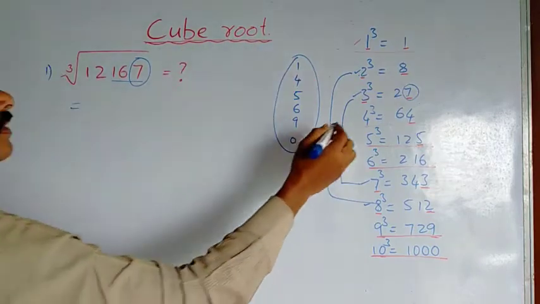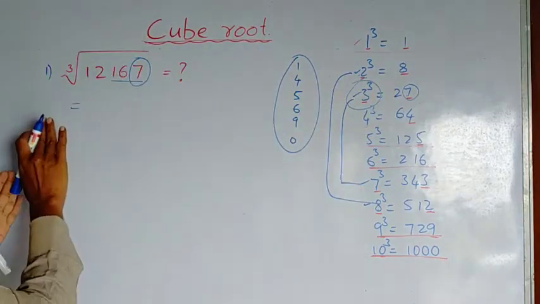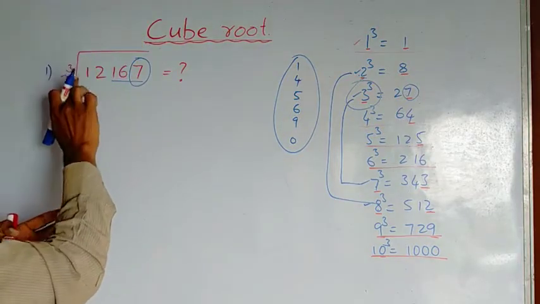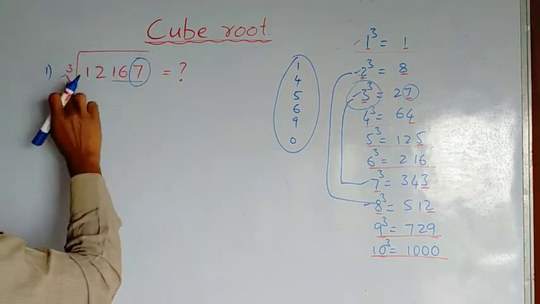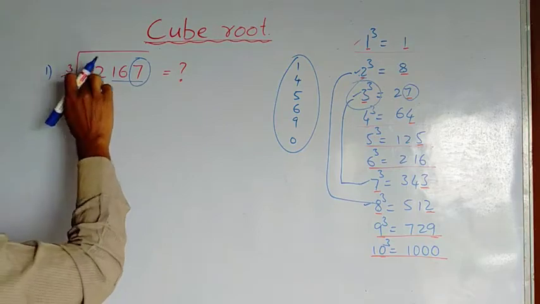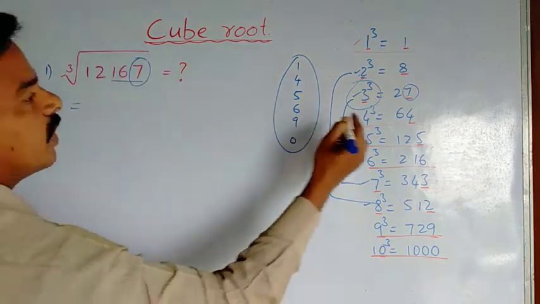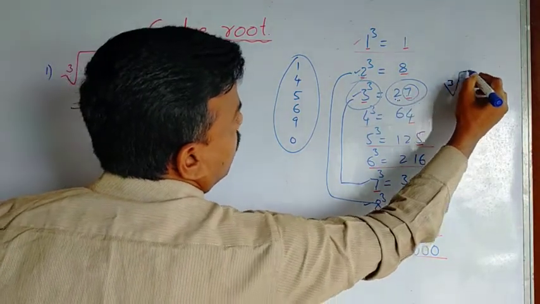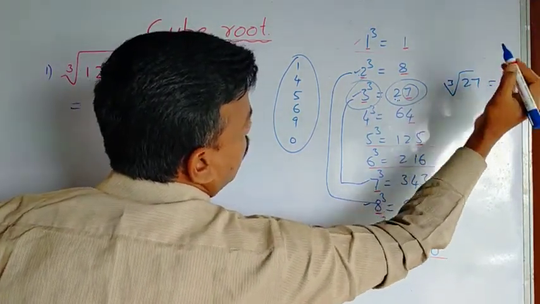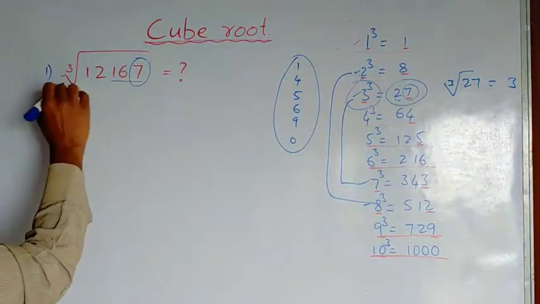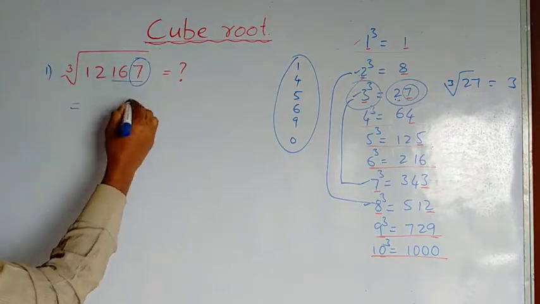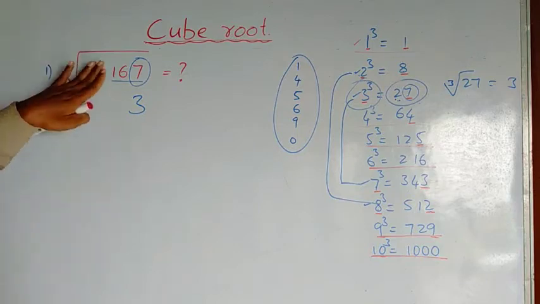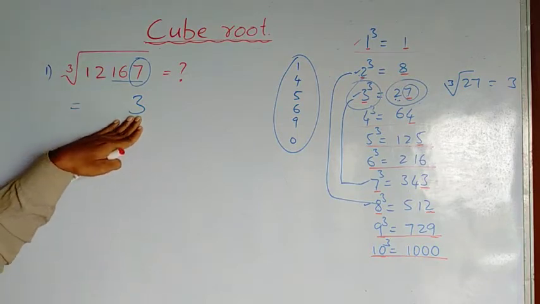Only one number: the number that ends with 3, its cube ends with 7. That's why we can say that the cube root of this number ends with 3. For example, cube root of 27 ends with 3 only. So we got the ones place digit of this answer.